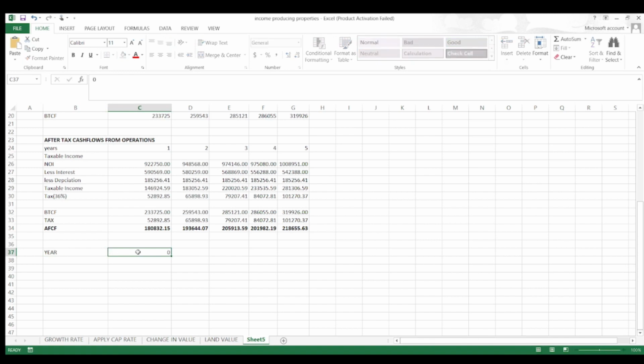So we have year 0, which is today, end of year 1, then we have year 2, all the way to year 5. So at the beginning, let's note the before tax cash flow and the after tax.